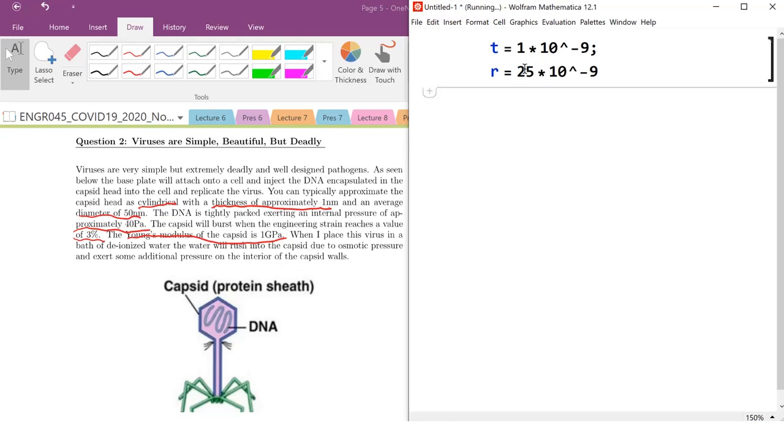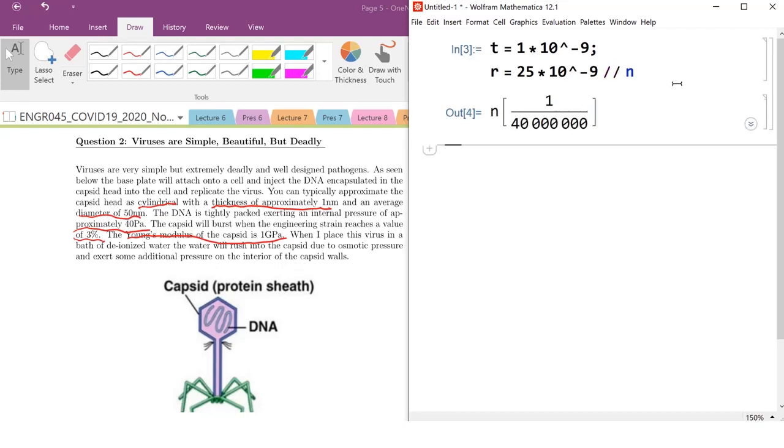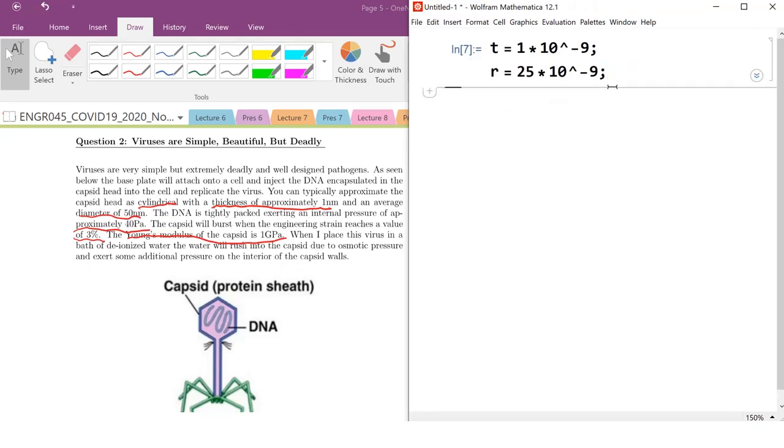That will be my radius. I'm going to suppress that output because we don't need it. I want to make sure that my ratio of R divided by T is greater than 10. It is indeed, so we can use our thin-walled pressure vessel approximation.